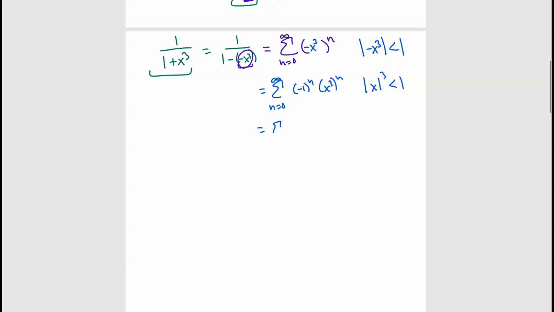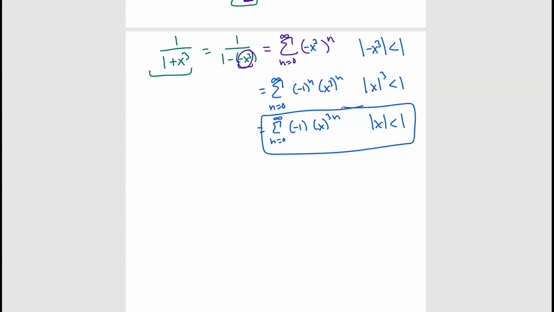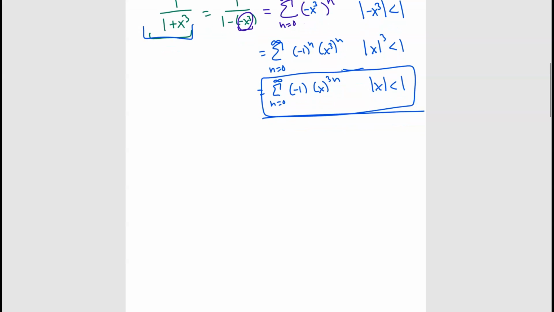Then I have the sum from n goes from 0 to infinity of negative 1 to the n times x to the power of 3n, provided that the absolute value of x is less than 1, because I can take the cube root of both sides and that's what I get. So the power series representation of this particular function is this. And here is my radius of convergence, or interval of convergence.